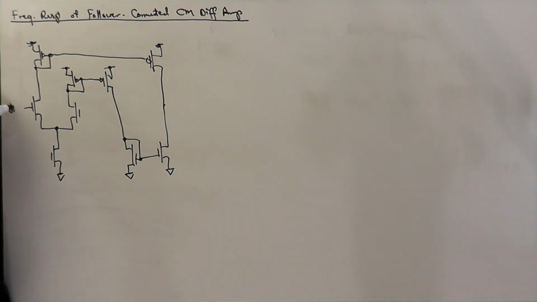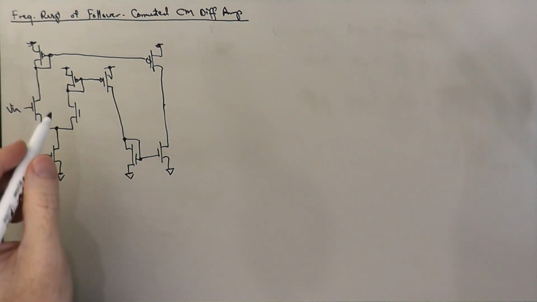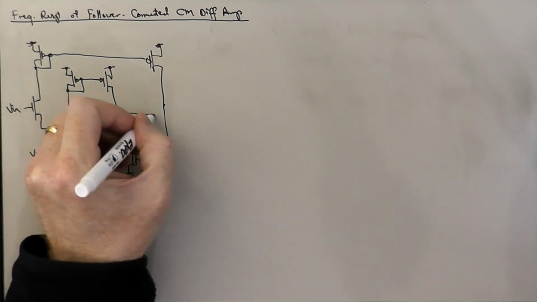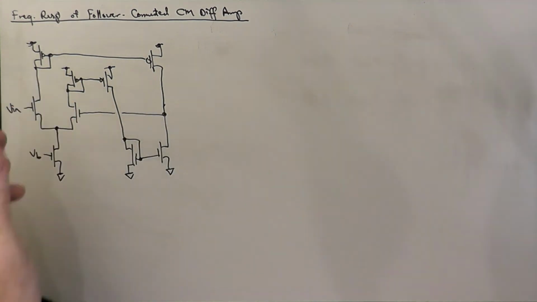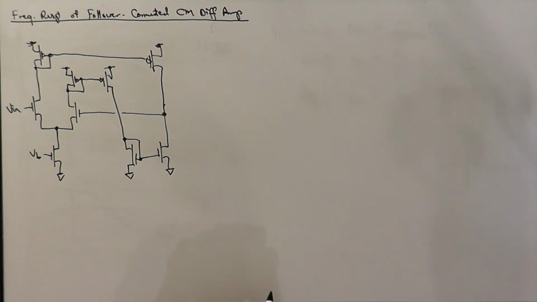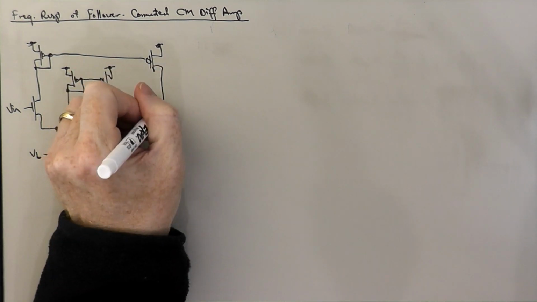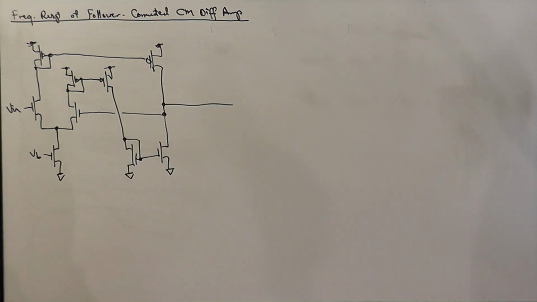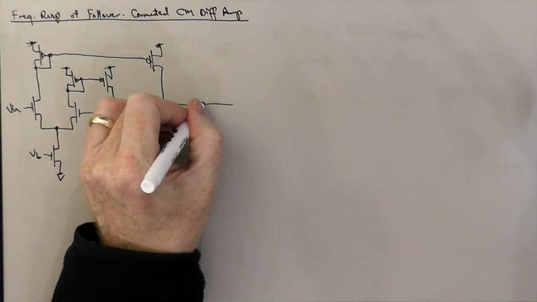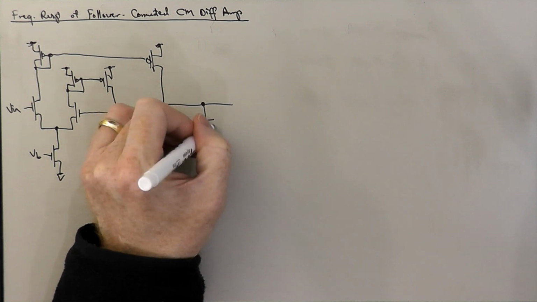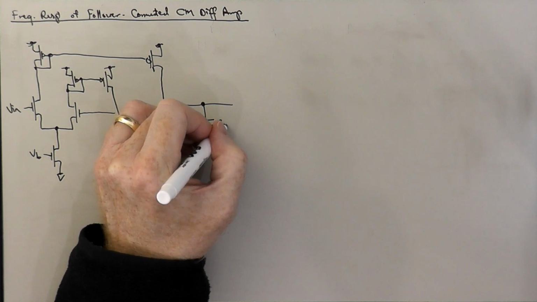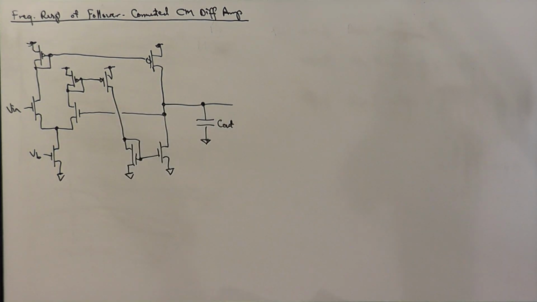Here's our input Vin, bias voltage VB, and this is going to have unity gain feedback, and so we're going to connect the output back to the inverting input, which is V2. And so we're going to have an output capacitance like we do in the lab and like we did last time for the open loop configuration, C out.